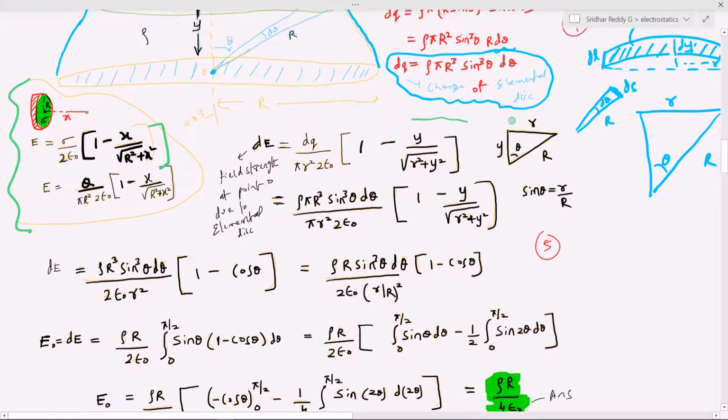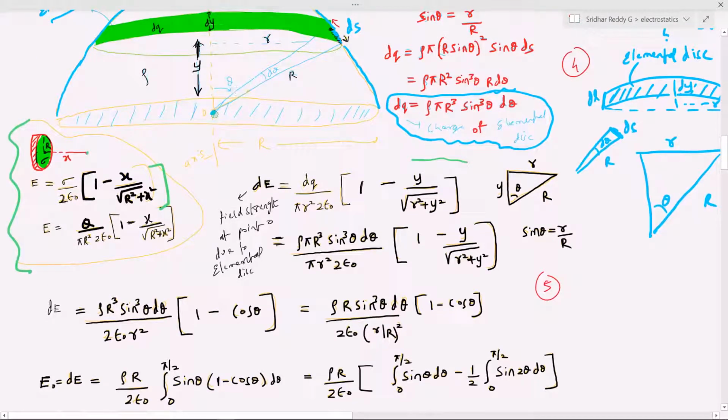Going back to the diagram, cos theta is adjacent by hypotenuse, so cos theta is equal to y by capital R. Substituting this, root of r square plus y square becomes capital R, so y by under root of r square plus y square becomes cos theta.